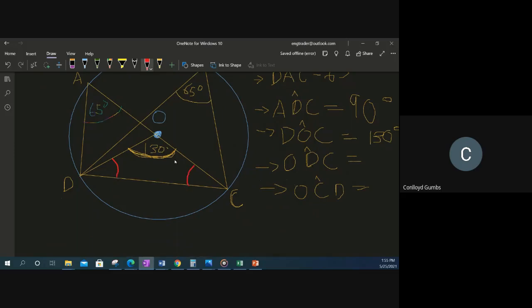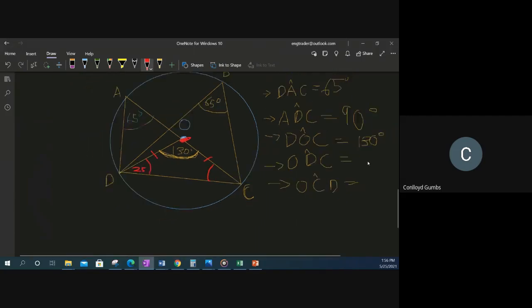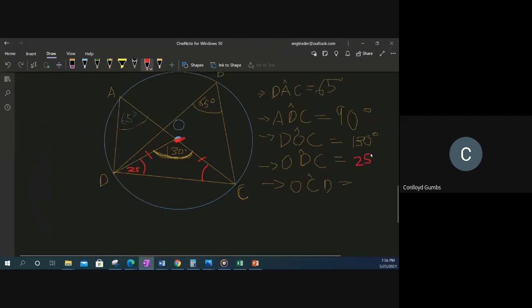We got radii, two radii coming from the center, so these two angles have to be the same. If this is 130, the remaining is 50. If I split 50 in two, this is 25, and this is 25. So I know that this angle here is 25. We know that OCD is 25 as well.